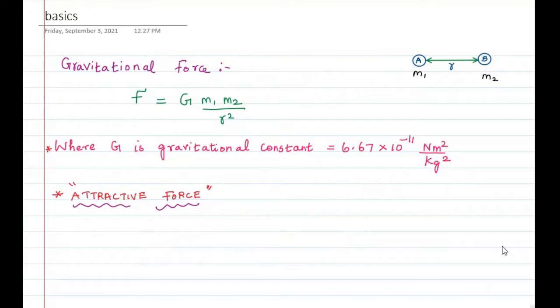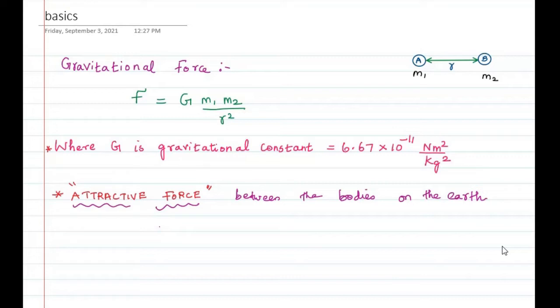Next is gravitational force. This gravitational force is due to the attractive force between the bodies and the earth. Earth exerts a force on all the bodies near its surface. This force is called gravitational force, that is the force due to gravity.